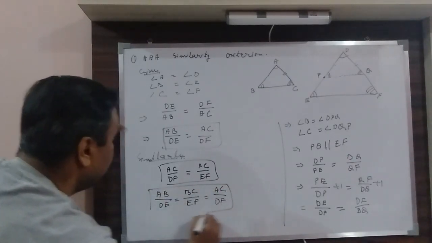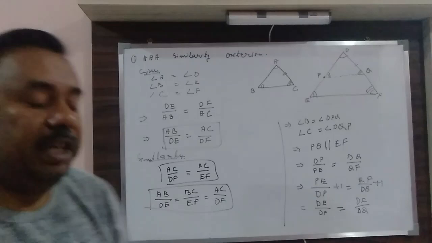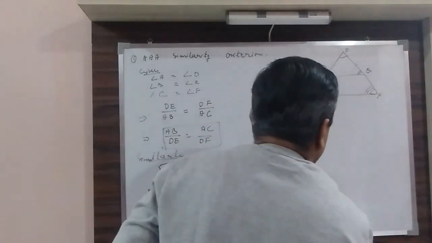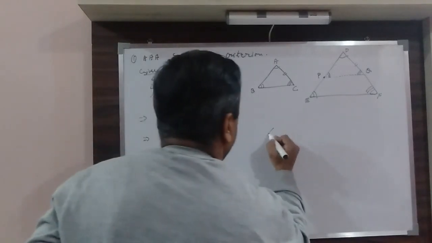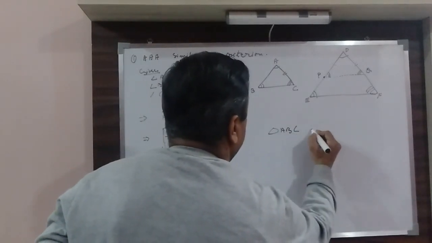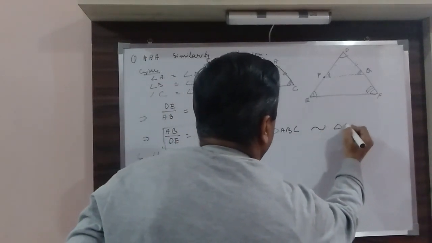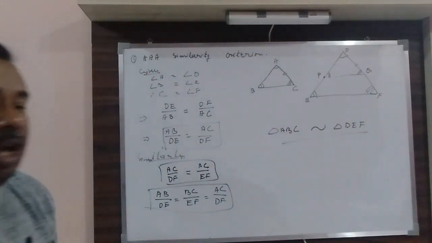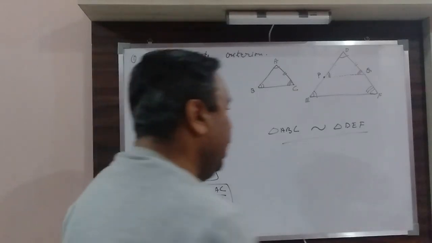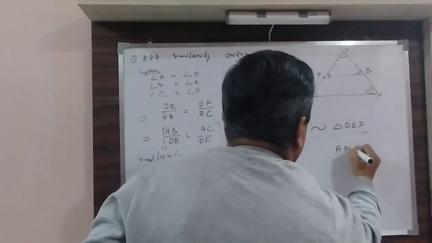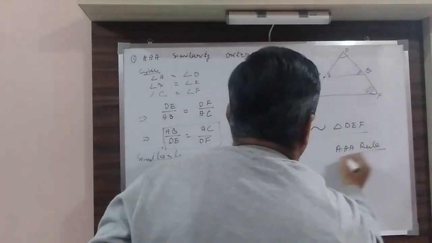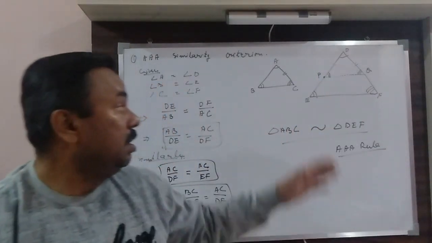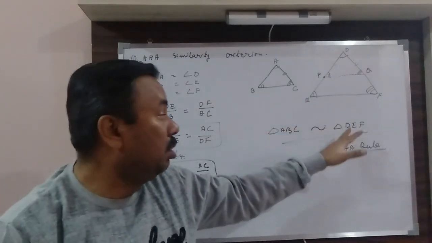That means the second condition for similarity has been proved, and triangle ABC is similar to triangle DEF by the AAA criterion. These two triangles are similar to each other.